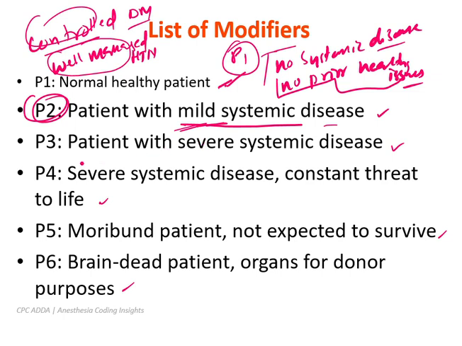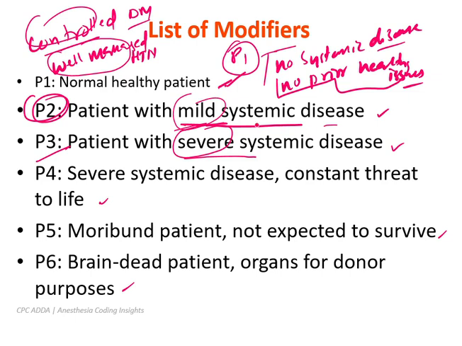Let's see modifier P3. P3 is a patient with severe systemic disease. In P2 we have mild systemic disease, and in P3 we have severe systemic disease. This modifier is assigned when the condition limits daily activities but isn't life threatening.